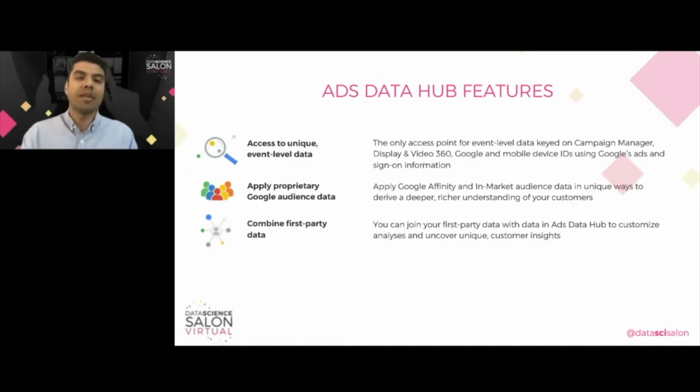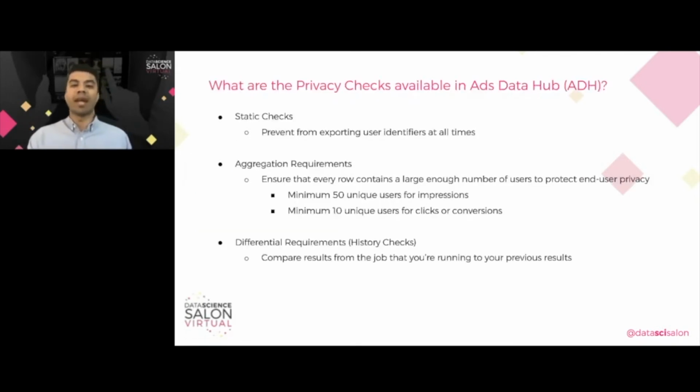So what are the different privacy checks available in Ads Data Hub? Because from the beginning, I have been saying it's a very privacy safe platform. So definitely it doesn't allow you to do anything at one user level, like at each individual user level. So anytime I'm trying to export a user identifier, that is a static check. I will not be allowed to do that because I am not allowed to study one user, two users, or three users.